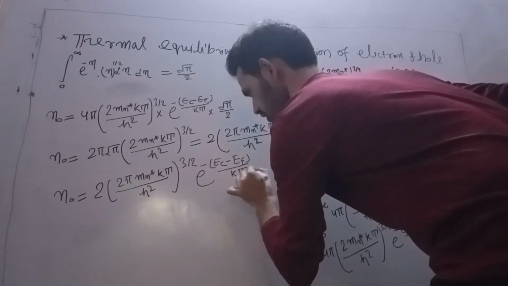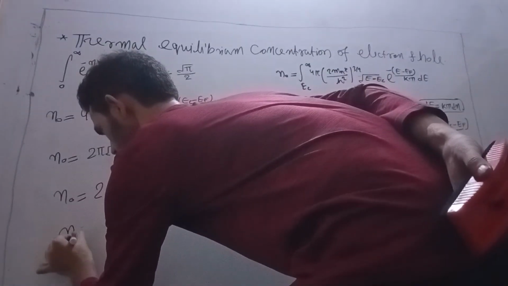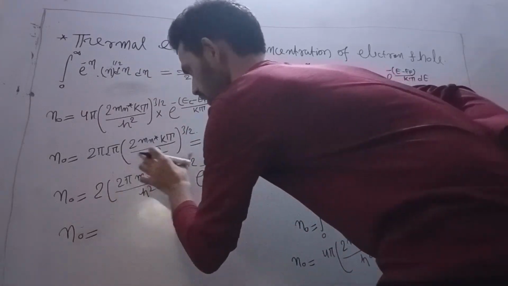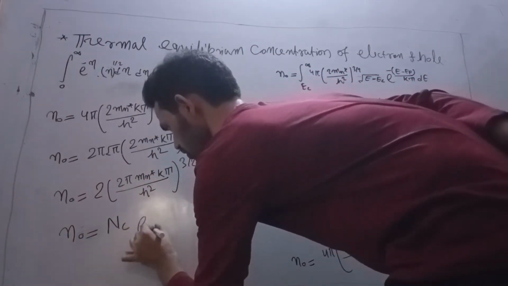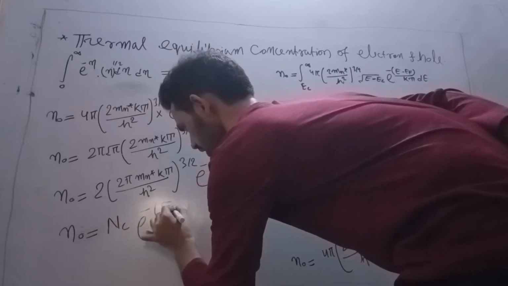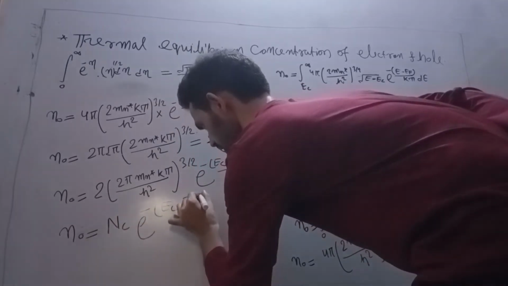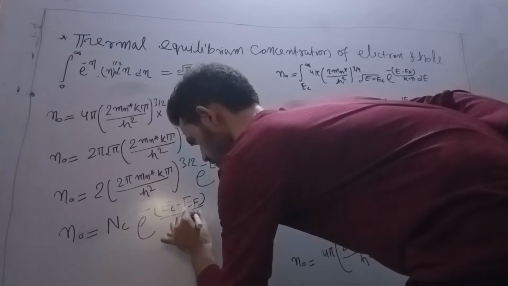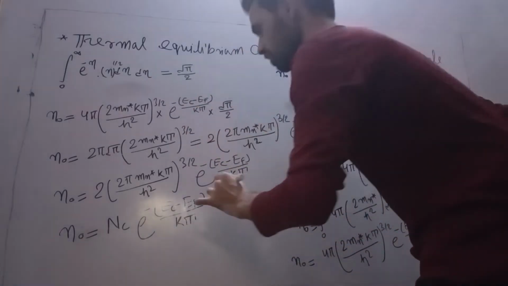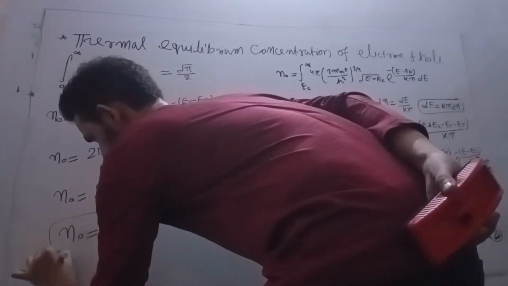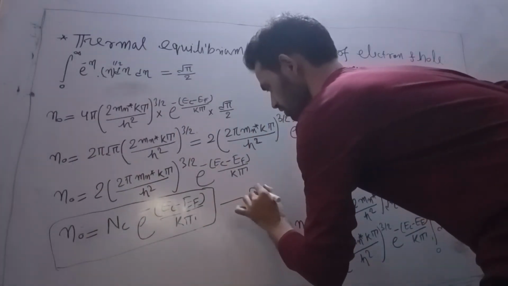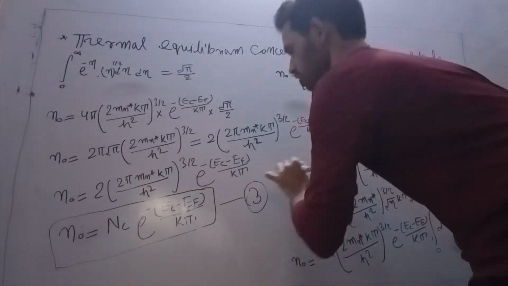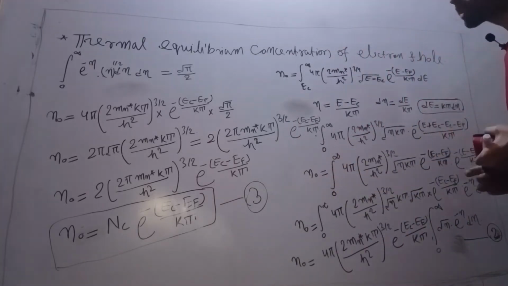Therefore, this is my constant factor, so this is nothing but Nc into e to the power minus (Ec minus Ef) by kT. This is my final thermal equilibrium concentration of electron. Equation number 3.